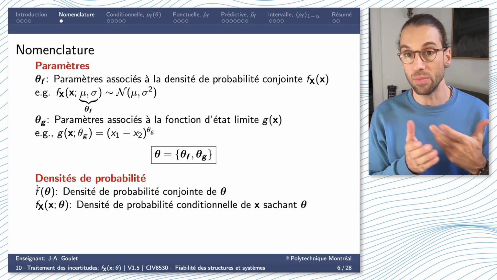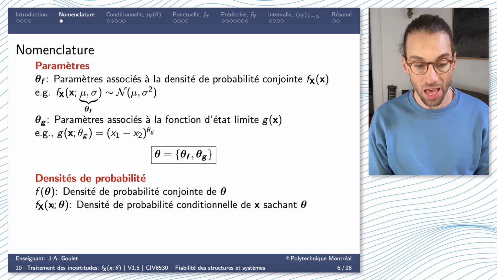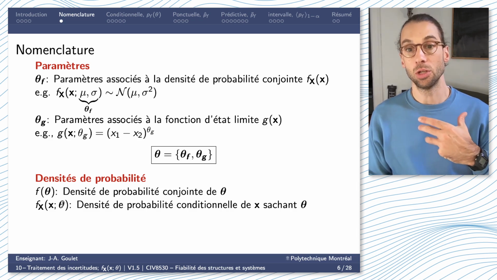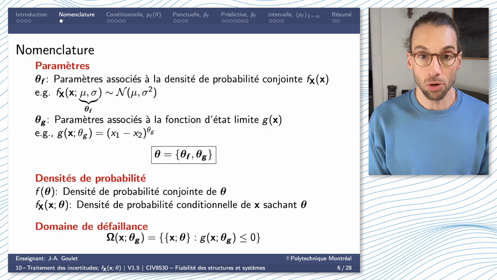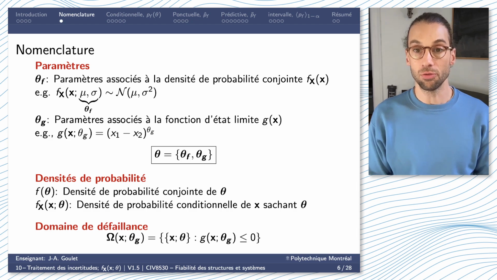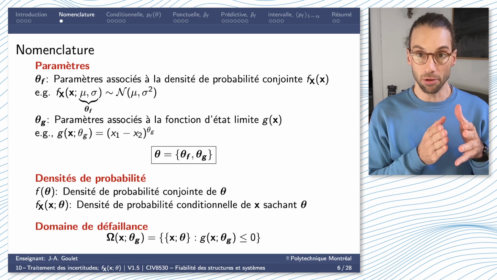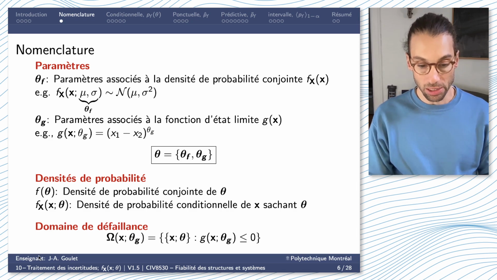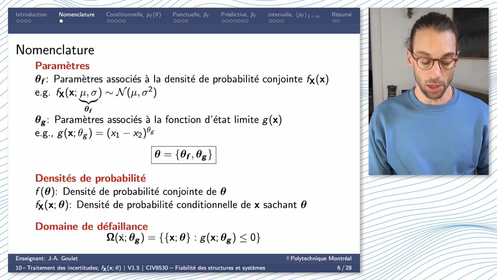In this case, if I have many thetas, it is going to be a joint prior probability density. f of x semicolon theta is going to be the conditional joint distribution for x given theta. So in the case of the failure domain for some parameter involved in my limit state function, I can have a conditional failure domain.